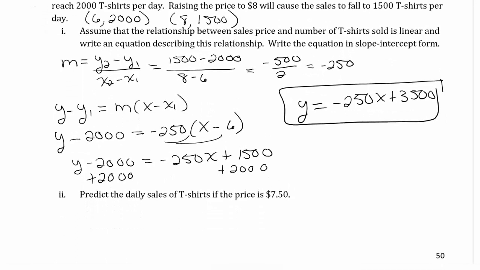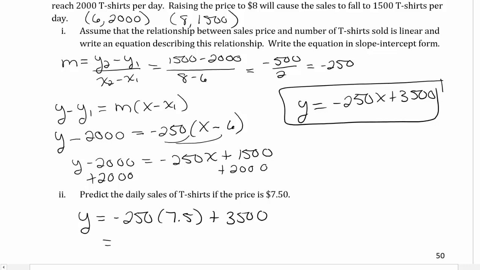Next, we want to predict the daily sales of t-shirts if the price is set at $7.50. So our price is the x value, and we want to predict the sales, which are our y values. So we want to replace x in our equation that we found in part A with 7.5. So negative 250 times 7.5 plus 3,500.